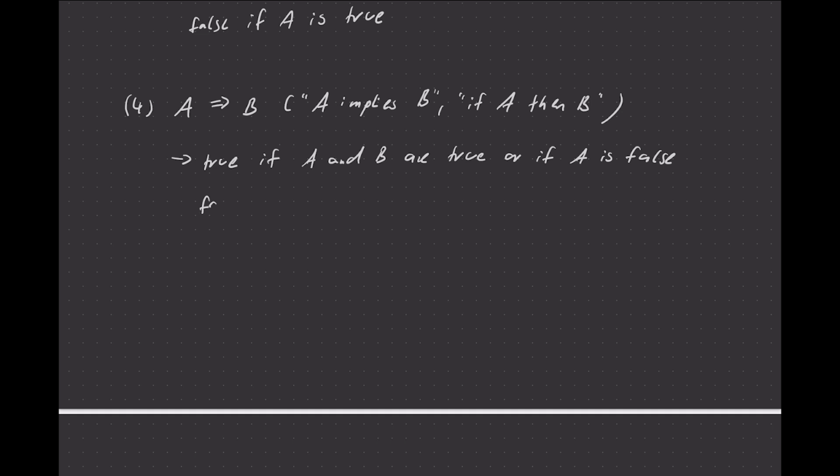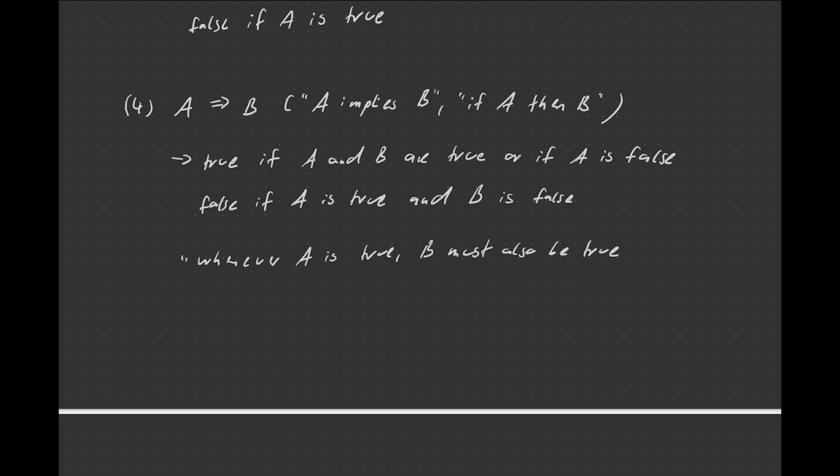And it's false if A is true and B is false. Okay, so in other words, what that means is whenever A is true, B must also be true. And whenever A is not true, we don't care about B. Okay?